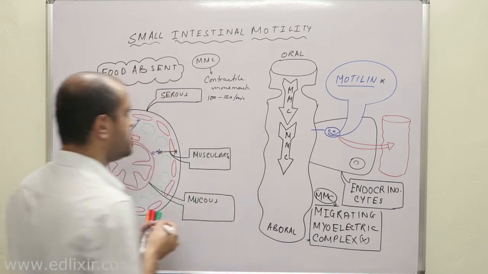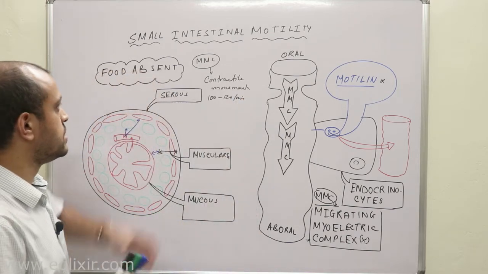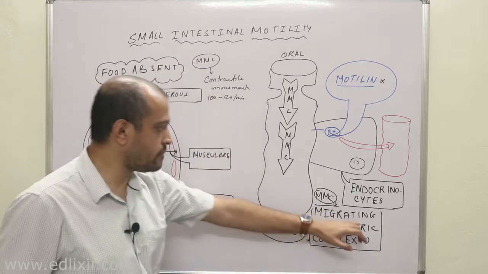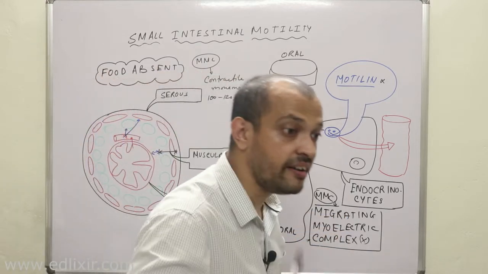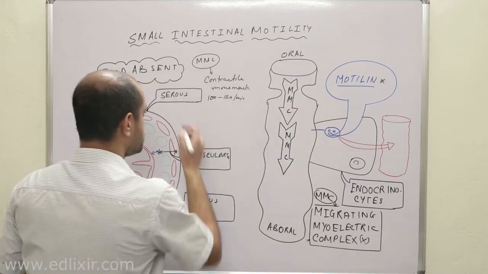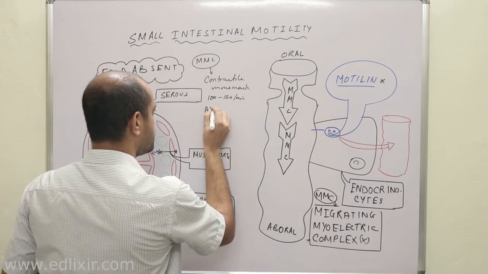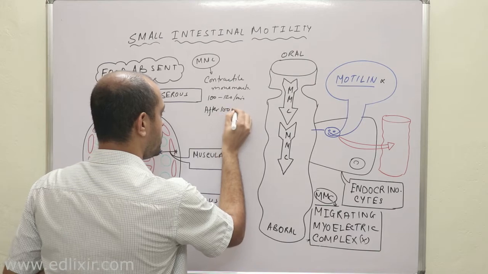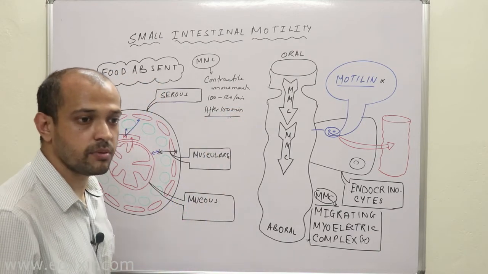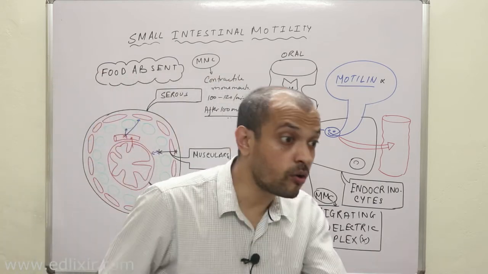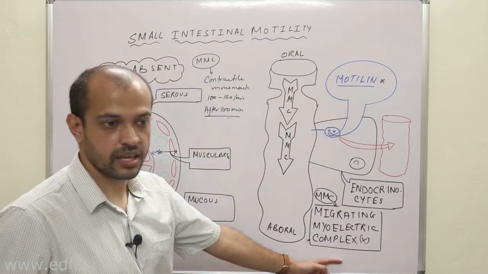And a very important point you need to understand is that these MMCs, or migrating myoelectric complexes, occur almost after 100 minutes. That means, suppose after 100 minutes, in an interval of 200 minutes, there will be only one MMC if there is no food.